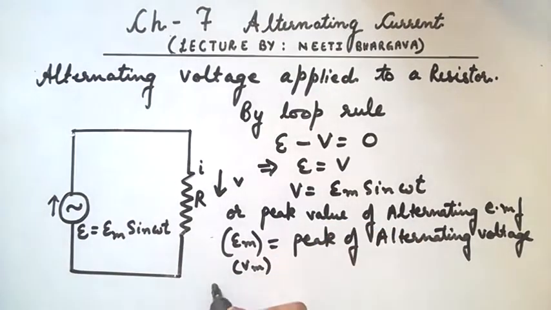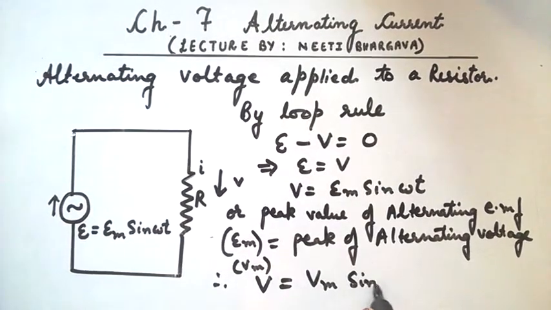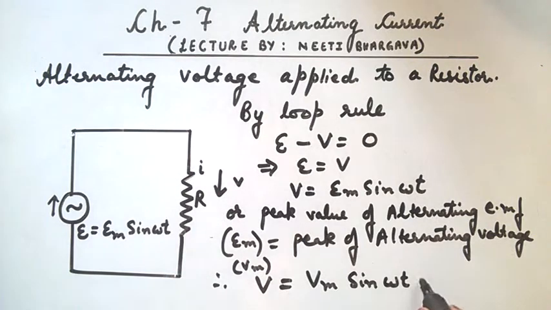Therefore, we can write v is equal to Vm sine omega t, the applied voltage across this resistor. So, this is equation number 1.